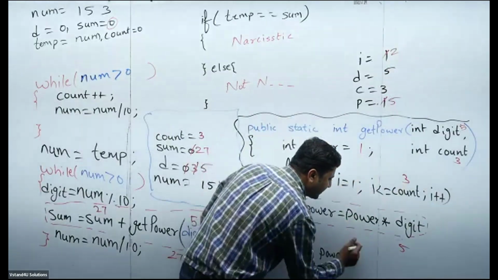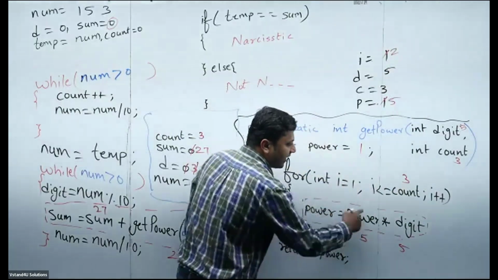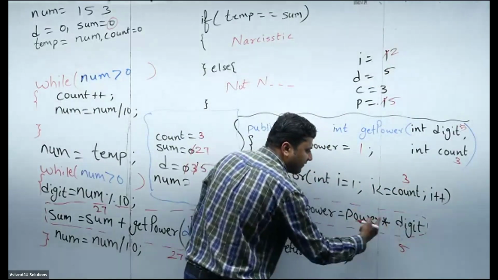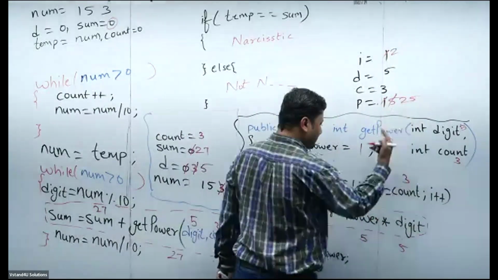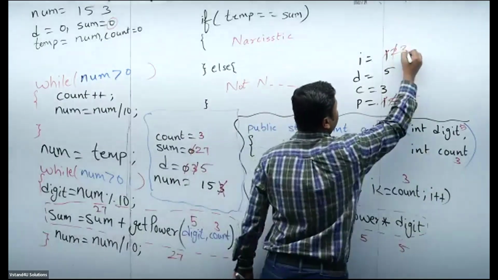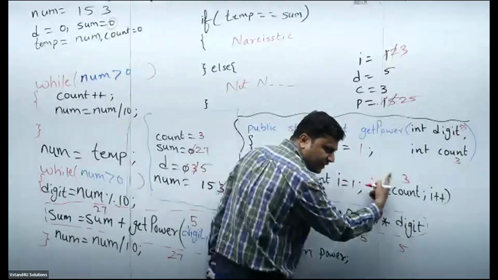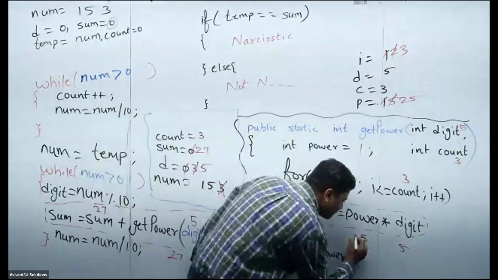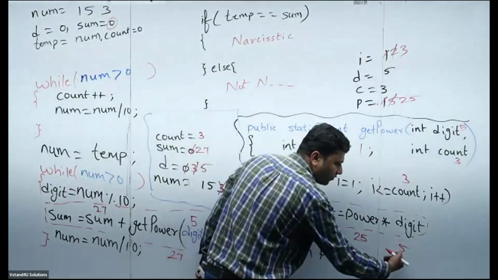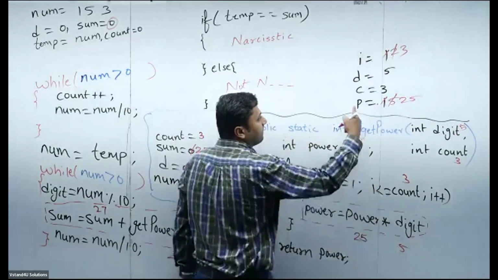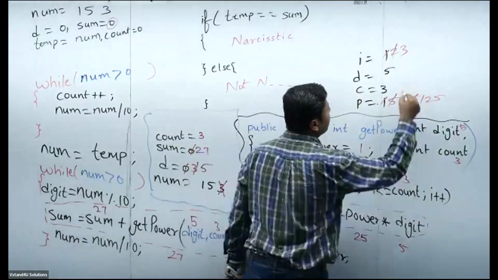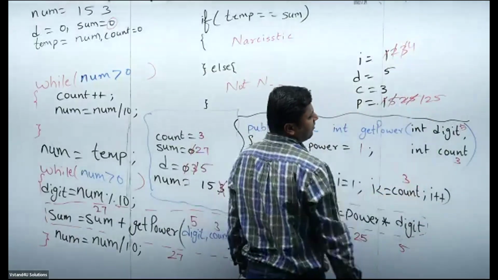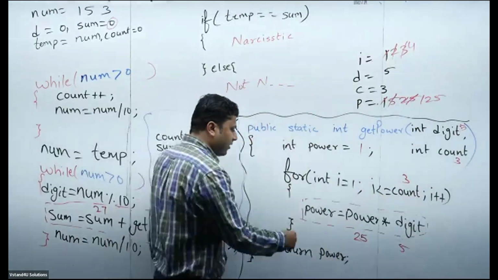Then power existing value 5 into digit is what? 5 into 5 is 25, stored in power. Then power becomes 125. i becomes 4. 4 is less than or equal to 3, condition false. Step out. Return.